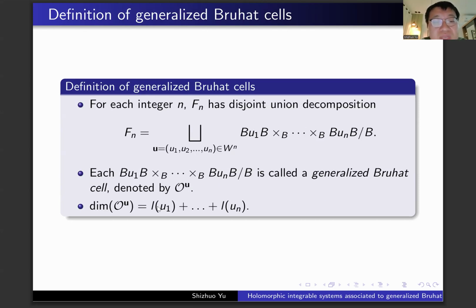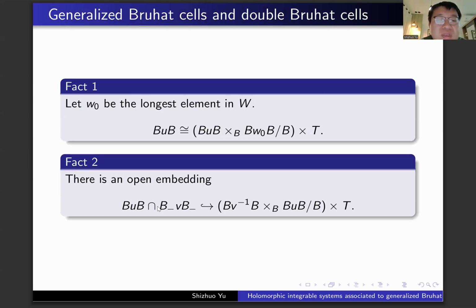Now we'll give the motivation of the generalized Bruhat cells and explain why we generalize the Bruhat cell. It is because even inside the Lie group G, we can regard the generalized Bruhat cells as our building blocks.